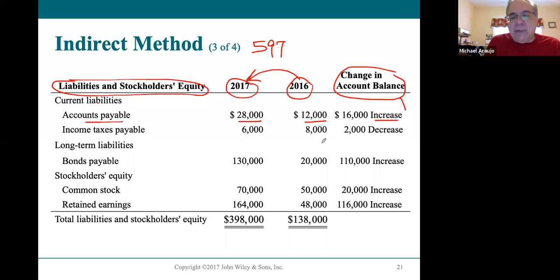And if you had $8,000 in taxes payable and it went to $6,000 in taxes payable, your taxes payable decreased by $2,000. So that's what we're going to be noting. All the changes need to be read that way.